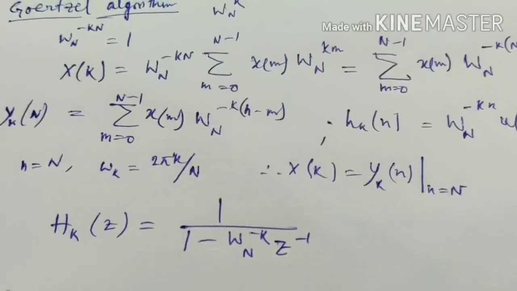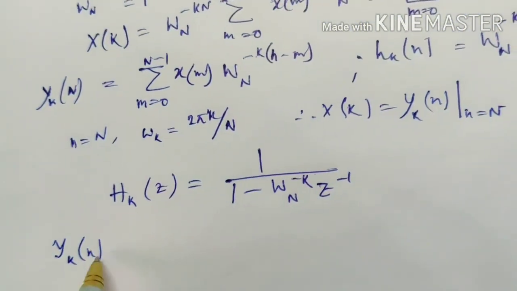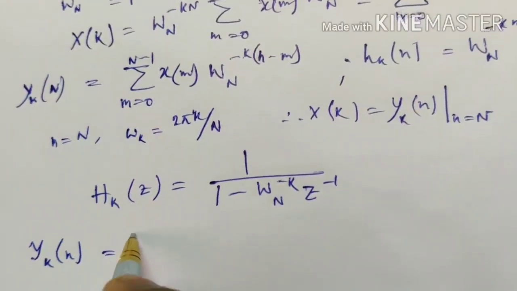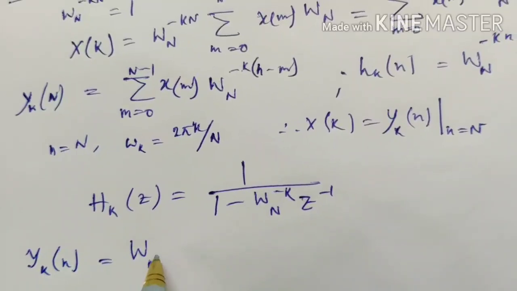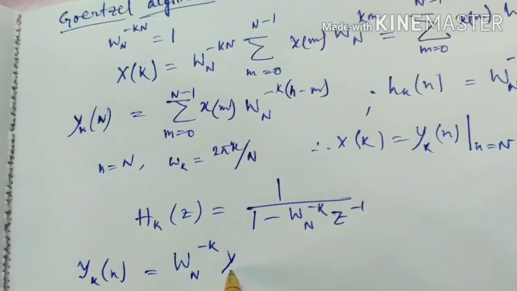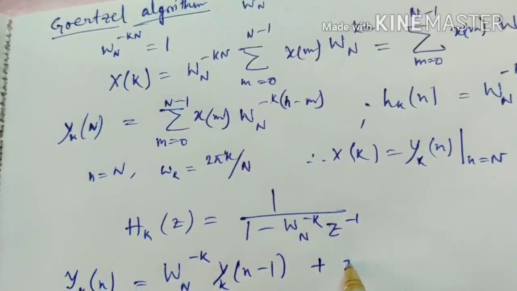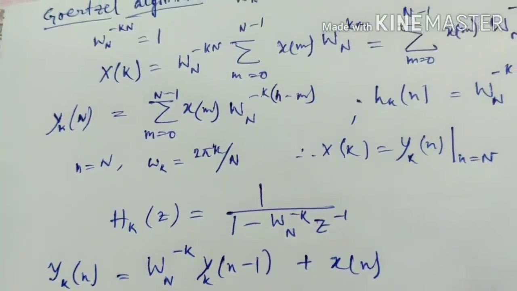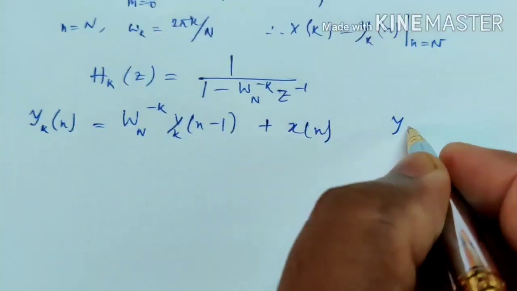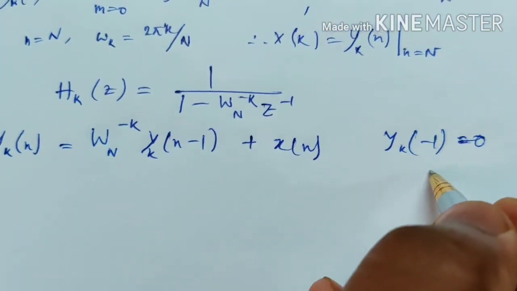So y_k(n) is represented recursively, so the difference equation will be y_k(n) equal to W_N to the power minus k y_k(n minus 1) plus x(n), and y_k(minus 1) will be equal to 0.